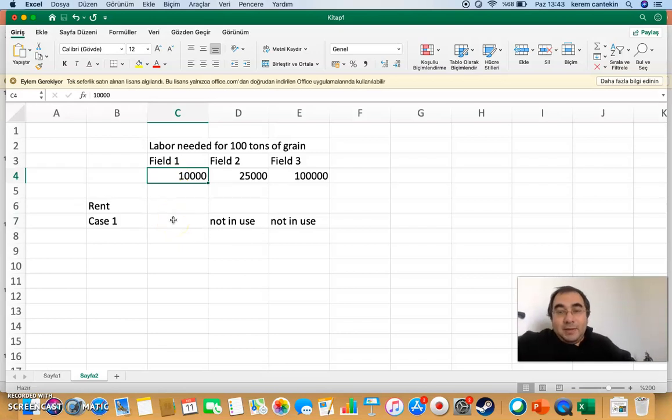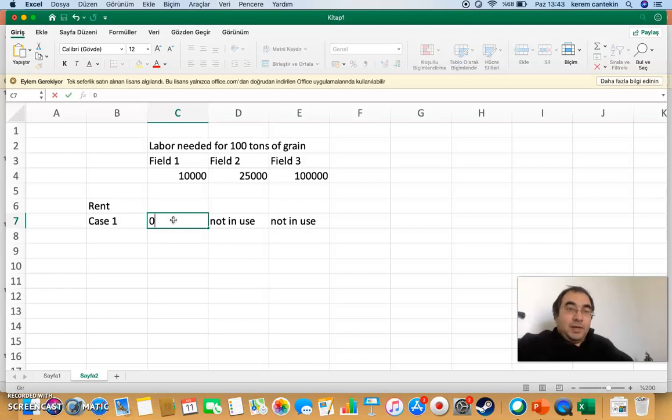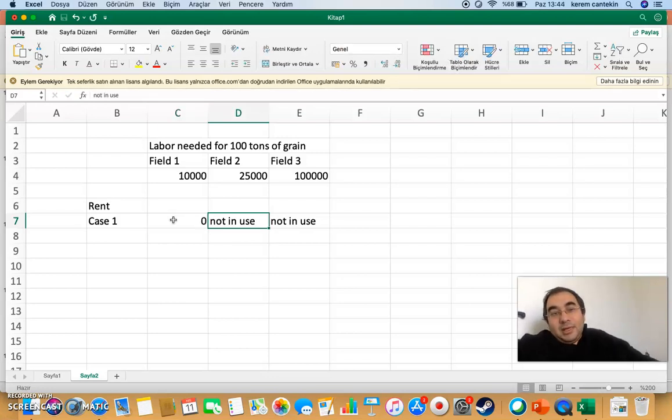Since there is not very high demand, the rent people get from field 1 is 0, since the most fertile type of fields are empty anyway.